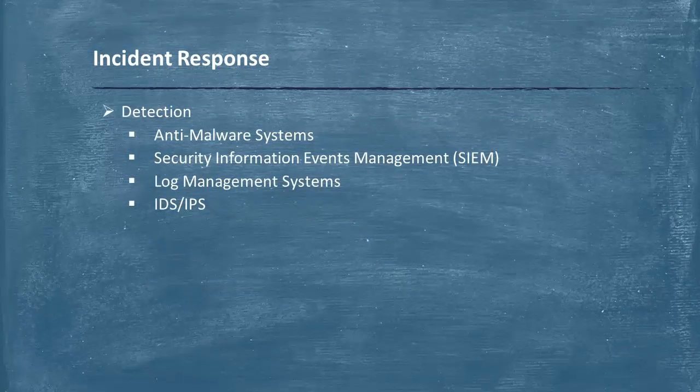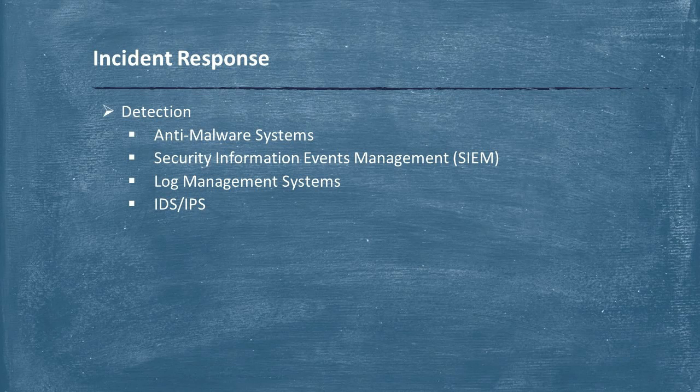How do I detect an incident? If it is a virus or malware, antivirus systems help in detecting and alerting. Also, we have seen SIEM, Security Information and Event Management. This tool gives an alert, so we detect that some such incident has happened.